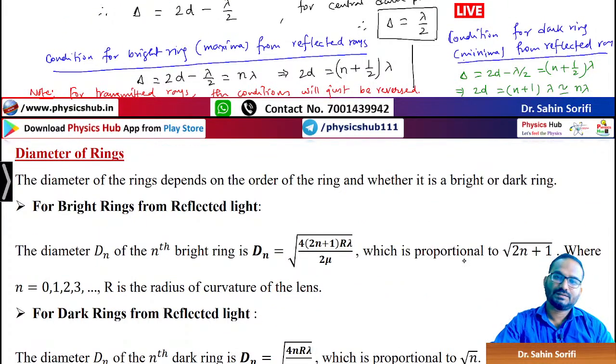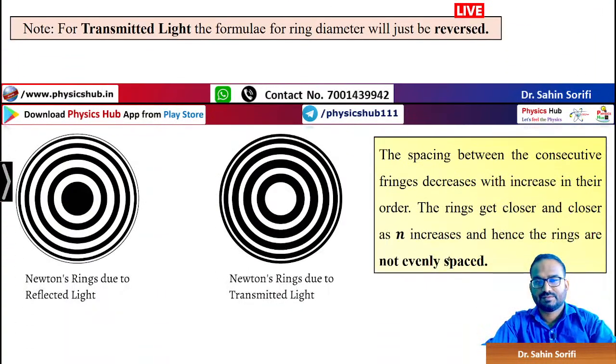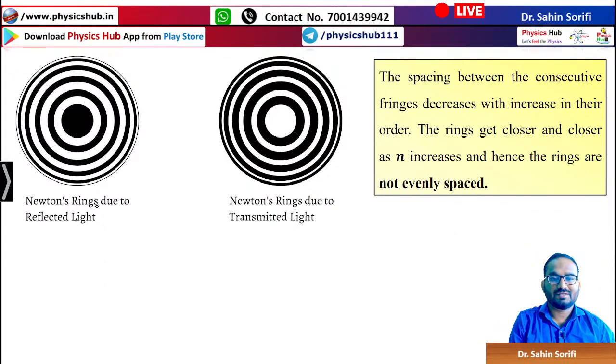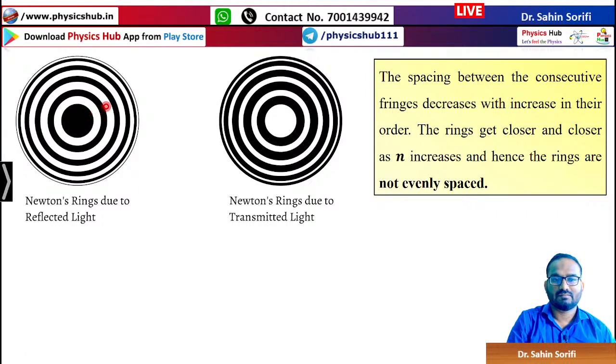Now, once you get the conditions, we can write the diameter of the rings. Let me just show you a picture first. From the reflected light, you will get a pattern like this. You can see the central fringe is dark, and then bright, dark, bright, dark. Don't get hypnotized.